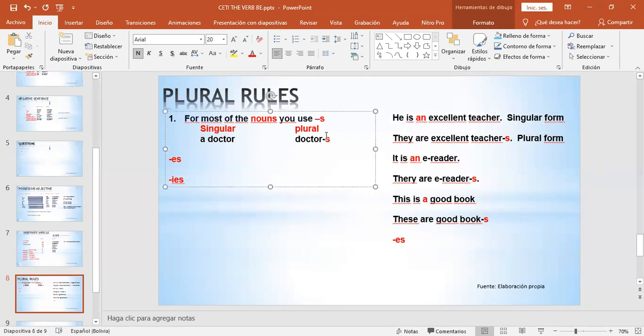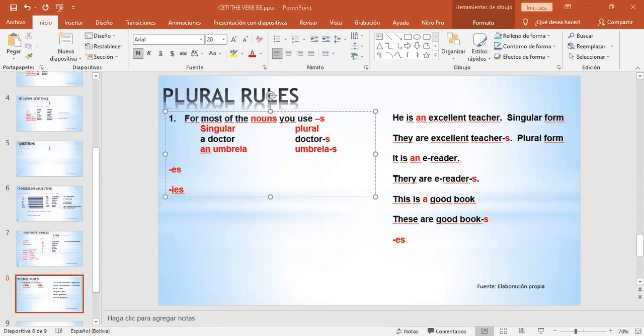Another example. Somebody said umbrella, for example. Umbrella, plural, umbrellas. But singular, an umbrella. And plural, umbrellas.